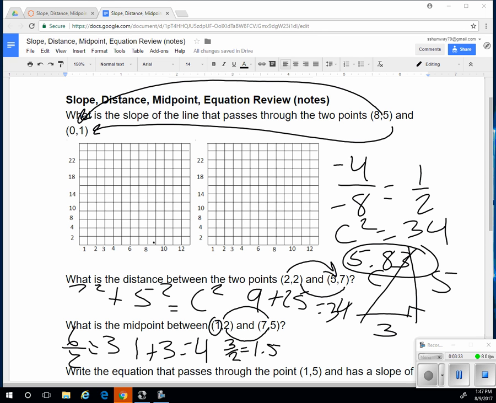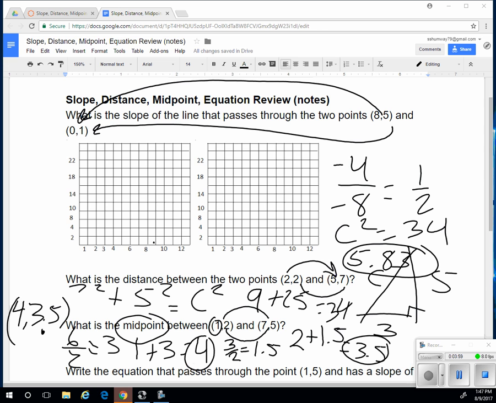If we're at 2 and we go 1.5 towards the 5, we get to 3.5. So as a coordinate, we have the x and then the y, so we do (4, 3.5) would be the coordinates of the midpoint, halfway.